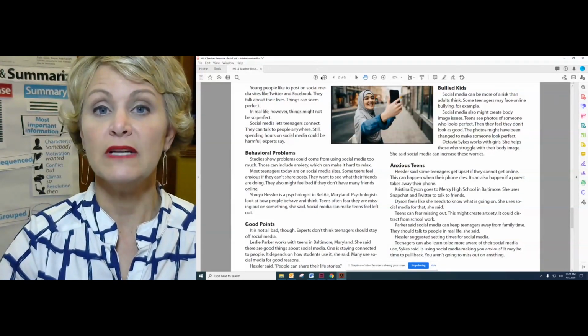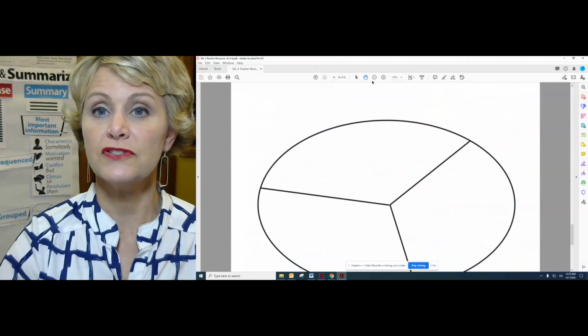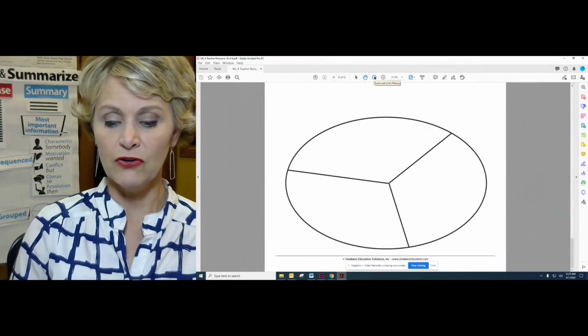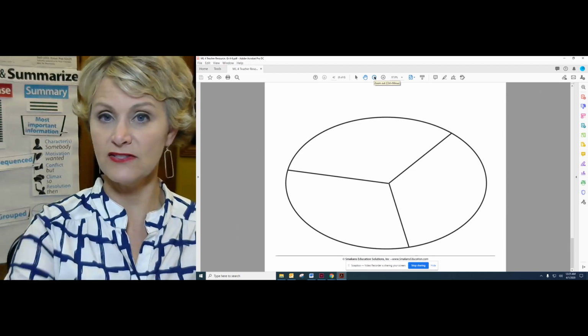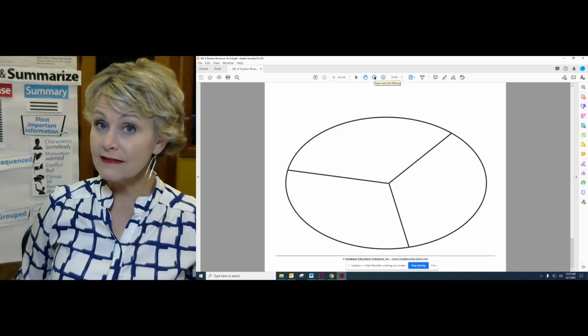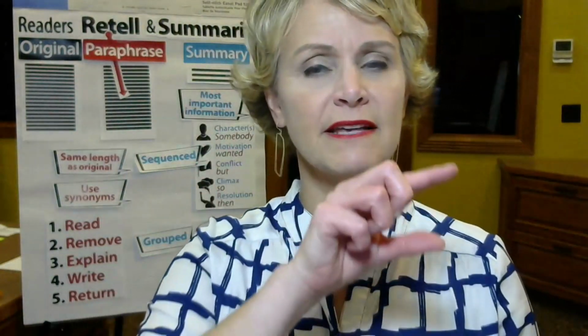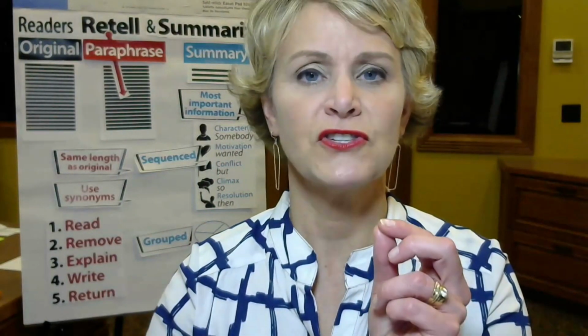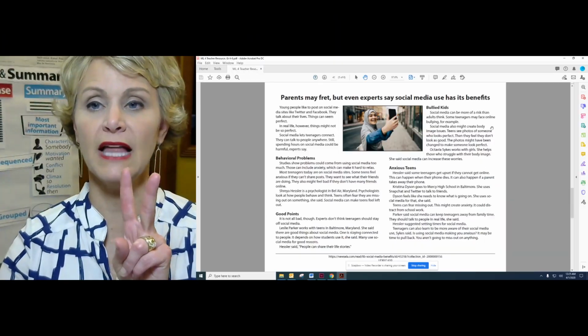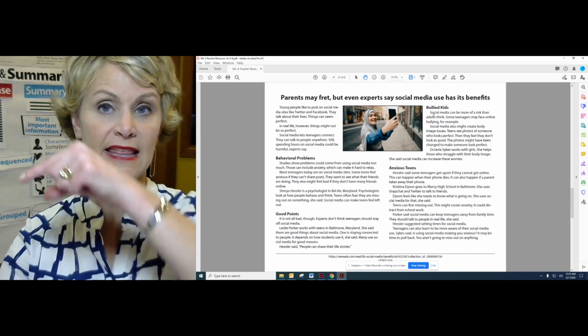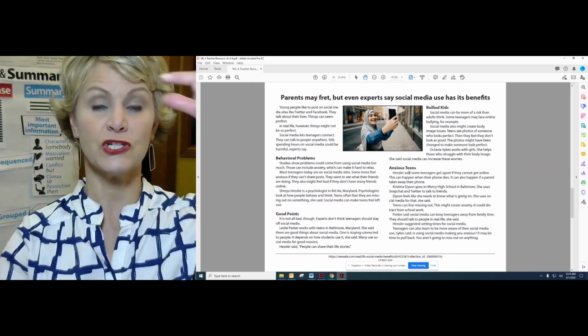You can either use the oval pie pieces on this and print it out twice, or you could just grab a piece of paper and draw an oval with lines and do it too. But what goes at the top of the oval? The subhead. So you're doing 2 of them. There's 2 left. You're doing bullied kids, that's 1 oval, and anxious teens.